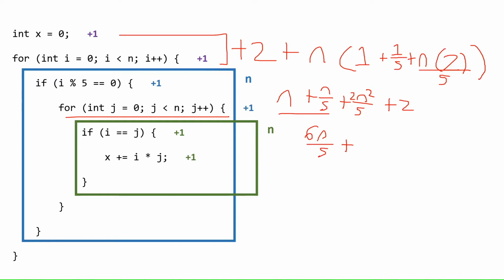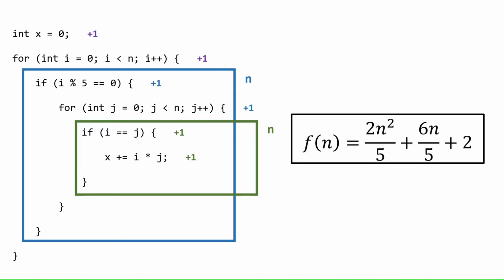There we go. Plus 2n squared over 5 plus 2. And that's how we solve that problem. And we see here that n squared is the dominating term, so we know that in the worst case, the tight big O bound for this code is O of n squared.